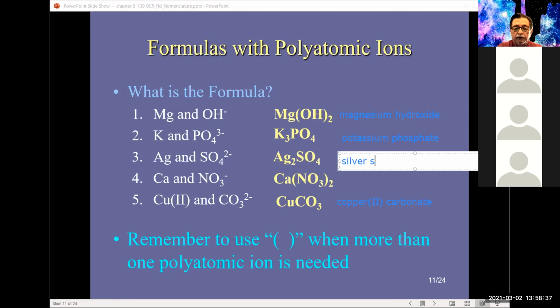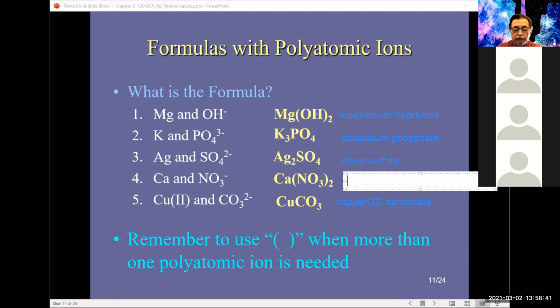Silver sulfate. Calcium nitrate. Okay. The first four did not use Roman numerals because they have fixed oxidation numbers. Okay. Copper does not. Hence, you're given which oxidation number you're working with.